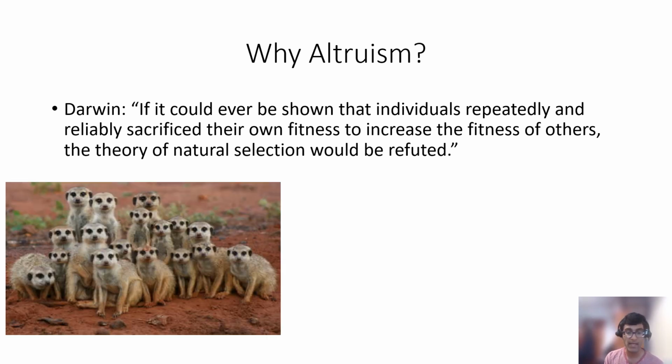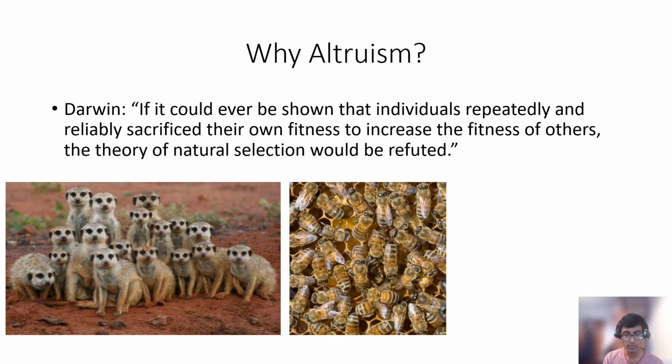For example, meerkats will teach the offspring of others, protect the offspring of others, feed the offspring of others in their troop, foregoing reproduction by doing so. A lot of eusocial insects, such as these bees, have sterile casts which don't breed, completely foregoing reproduction in favour of looking after the queen and caring for her offspring.